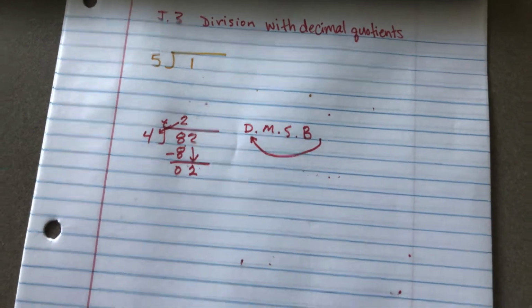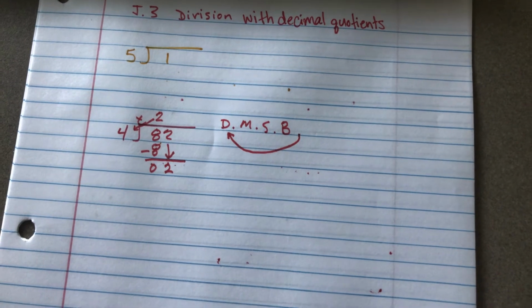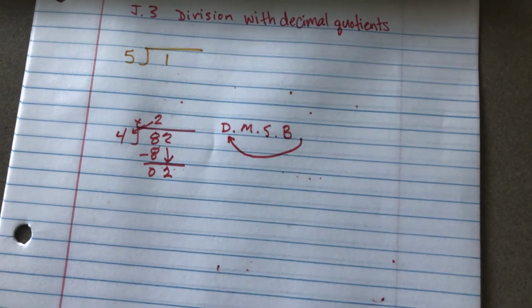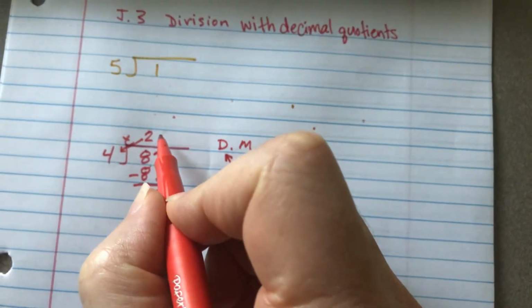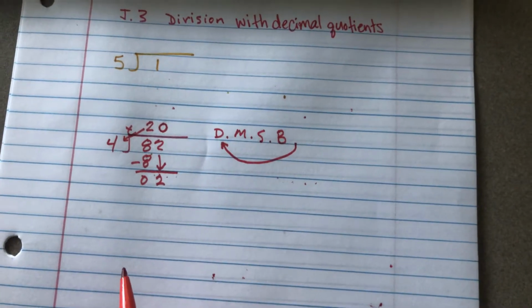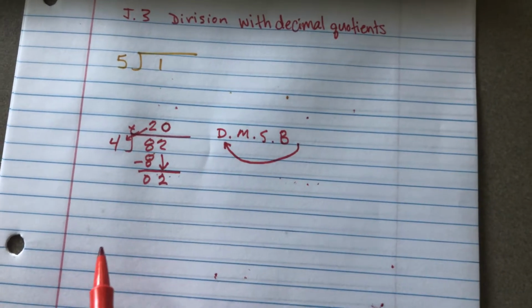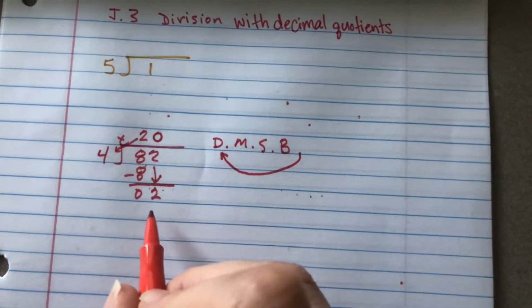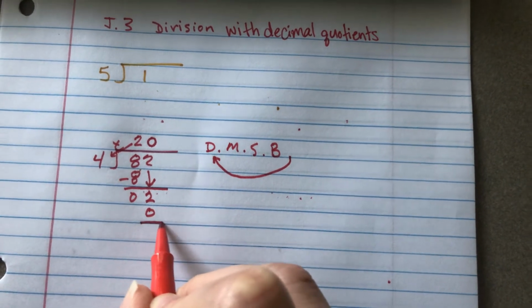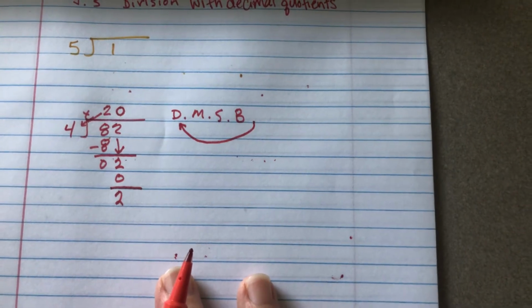We can't do that, can we? Well, if we can't do that, then this becomes a 0. If you can't divide the number, then this becomes a 0. 0 times 4 is 0. Bring down the 2, and you have a remainder of 2.